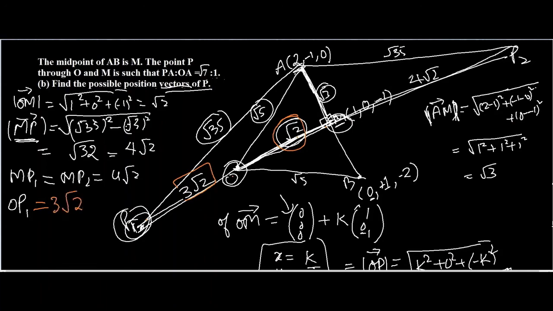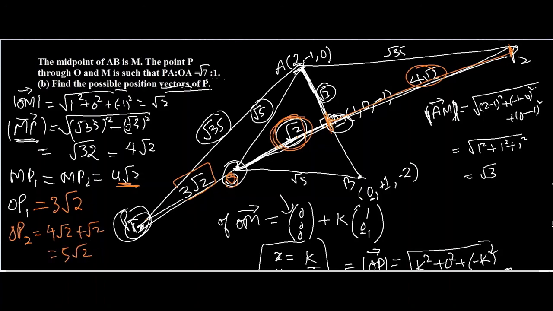So OP1 will be 3 square root 2. Similarly, we know this distance from here till P2, MP2 is 4 square root 2, right? But from O, because we are interested in position vectors. From O, OP2 will be 4 square root 2, which is this distance, plus square root 2, because that's how we have to find distance from O, which is 5 square root 2.